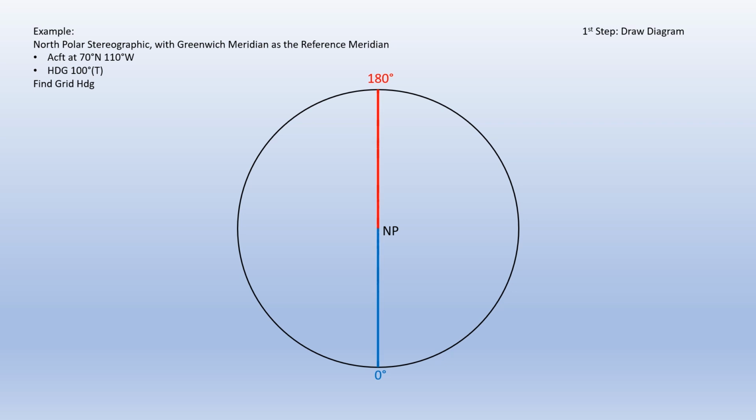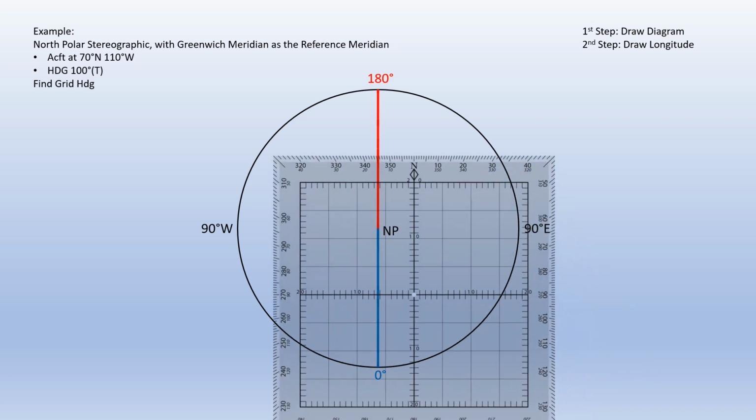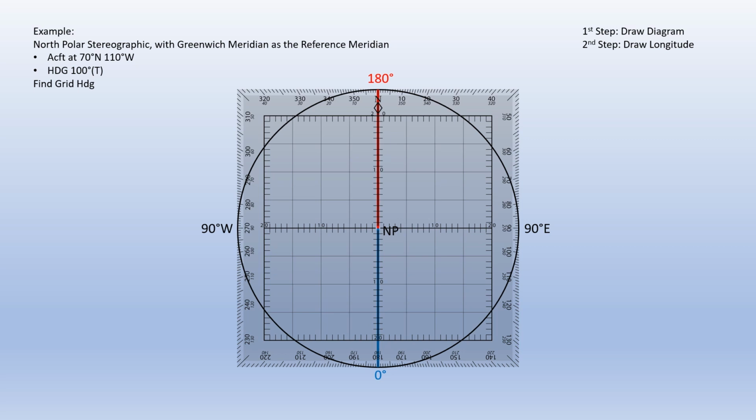Since this example uses the prime meridian as the reference meridian, longitude 90 degrees east is on the right and longitude 90 degrees west is on the left. Next step is to draw longitude 110 degrees west. Align your protractor with the center of the circle. Rotate the protractor so that 0 degree on the protractor is aligned to 0 degree longitude.